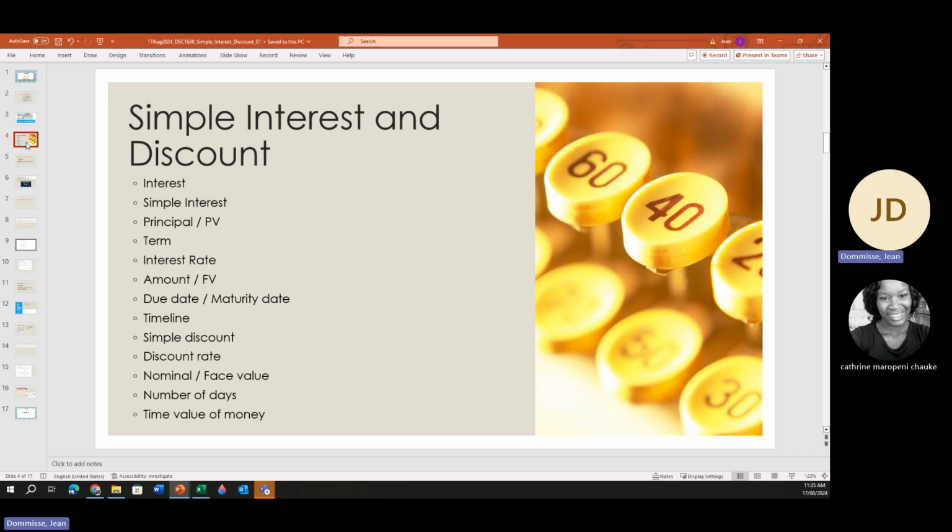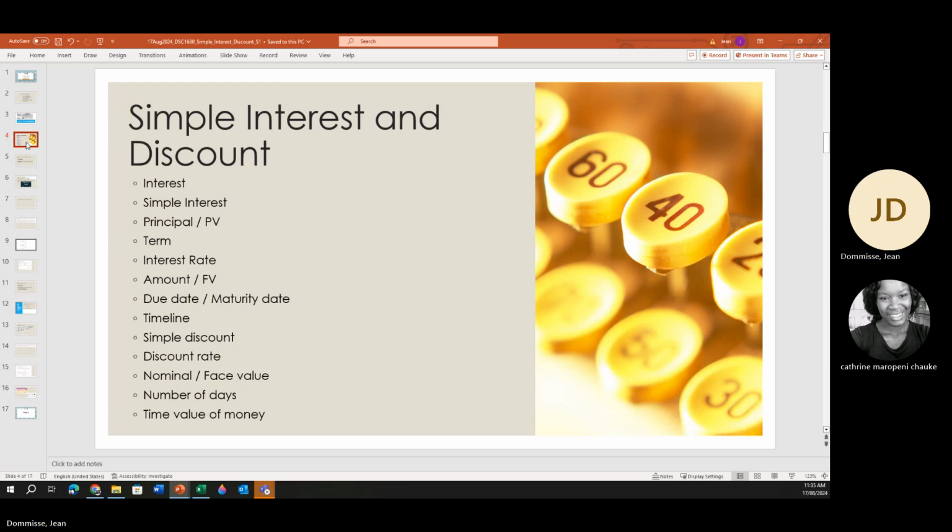The reason why we're doing simple interest on its own is, when you look at your financial calculator, all the functions in your financial calculator are built to cater for compound interest.